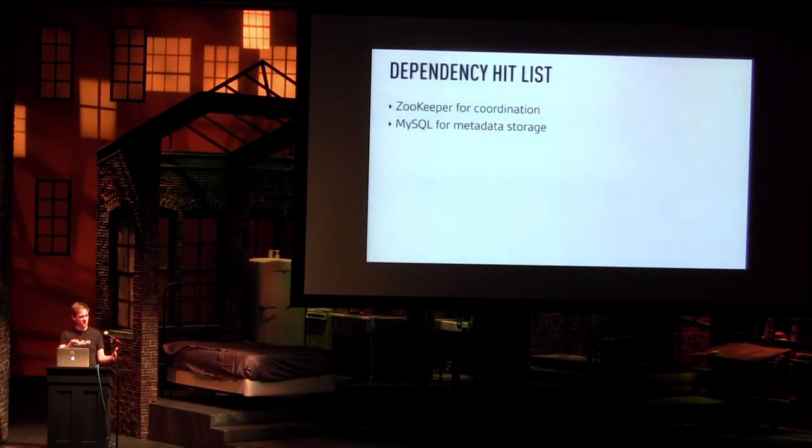It has a ton of external dependencies. Over the past few years, we've been drawing them down. They were depending on random AWS services. Two that are left that we still want to get rid of and haven't done yet are Zookeeper, which it uses for coordination, and MySQL, which it uses for metadata storage. And by metadata storage, I just mean what segments there are and where they're supposed to be located.